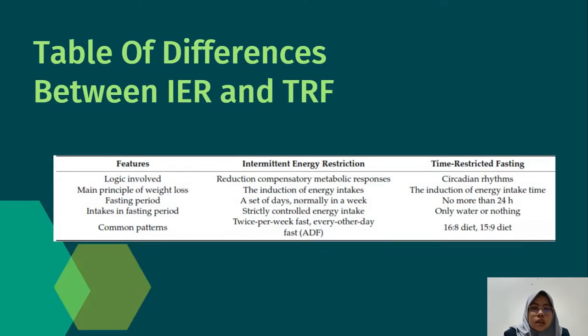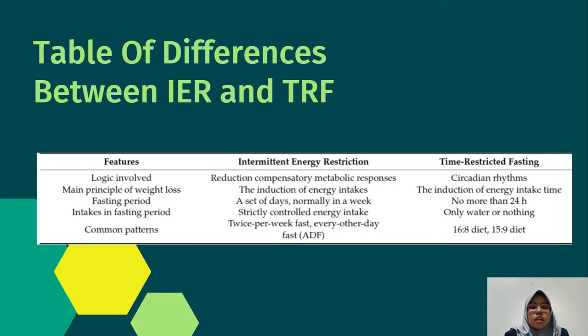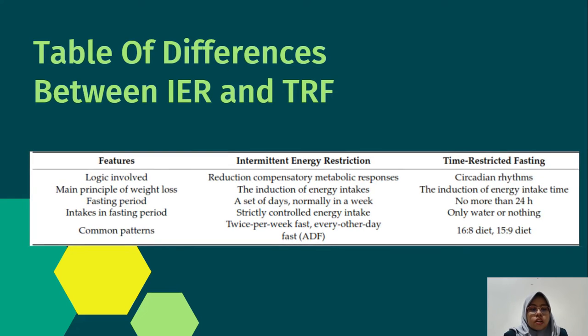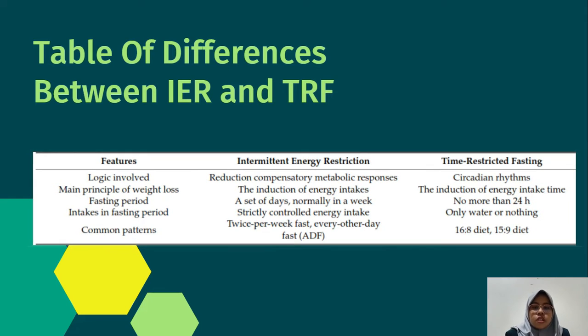Next is a table of differences between IER and TRF. The feature logic involved in intermittent energy restriction is reduction and compensatory metabolic responses, and in time restricted fasting it is circadian rhythms.